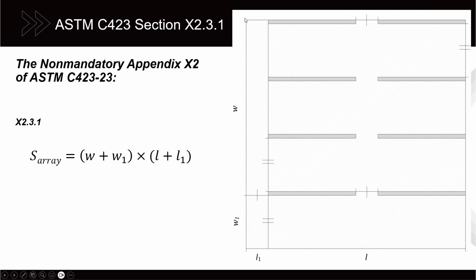One of the benefits of this is that the sound absorption per unit area should remain similar, and well, let me back up one step. The surface area of the array per object will remain the same whether we have 8 objects, 16, 32, 64, and on going, because we've accounted for this additional space.